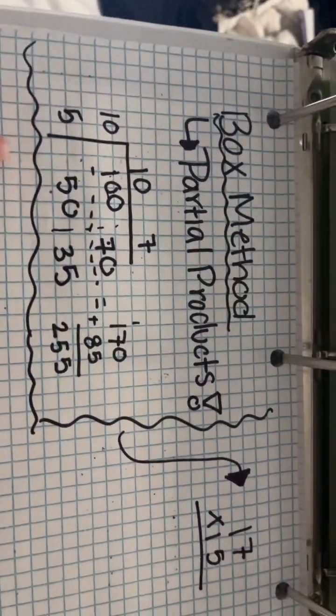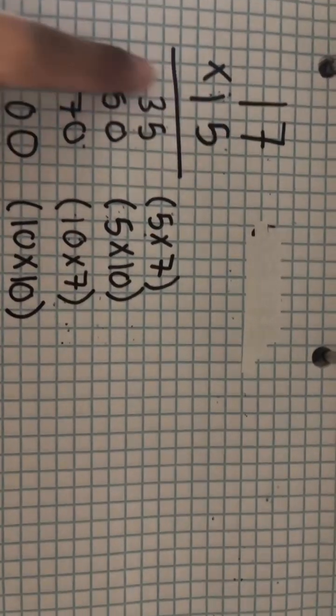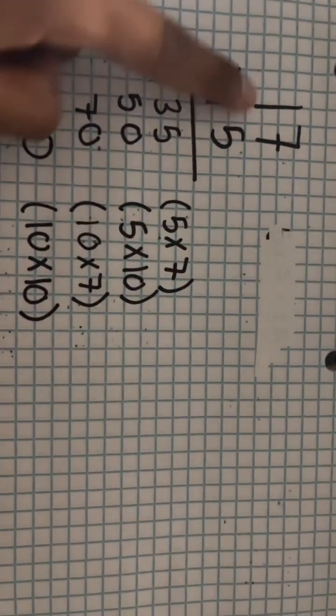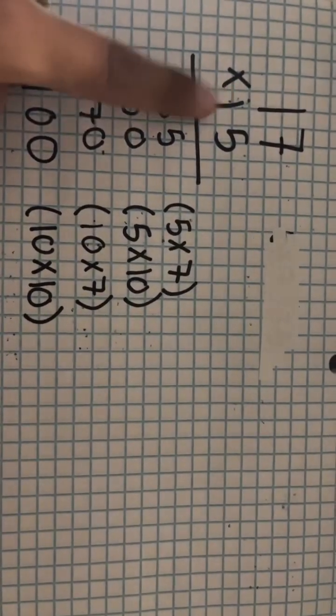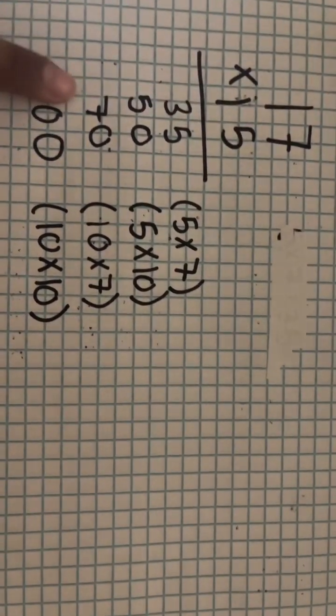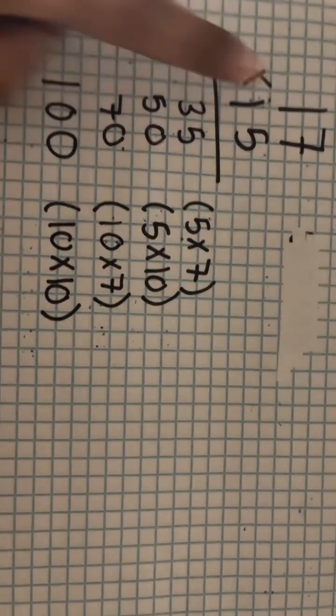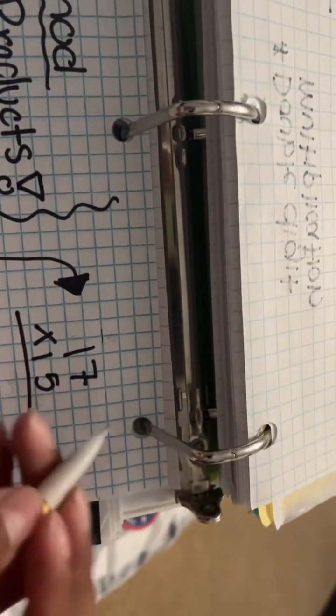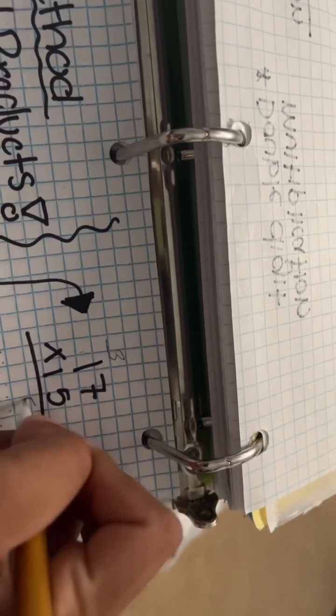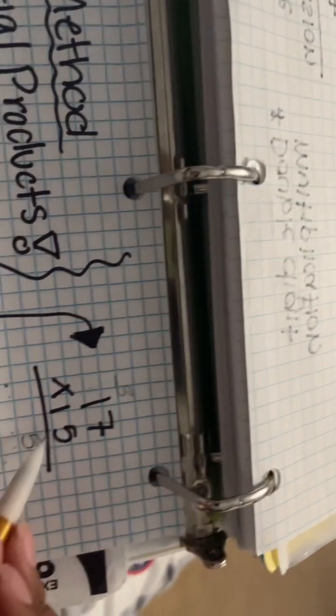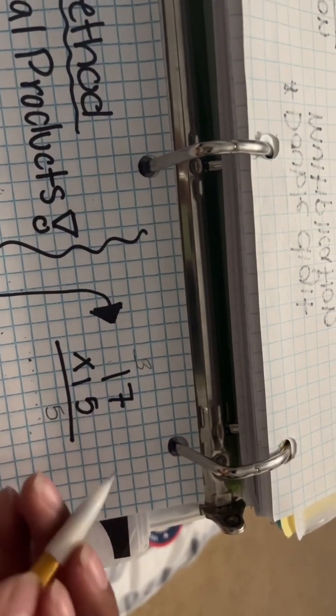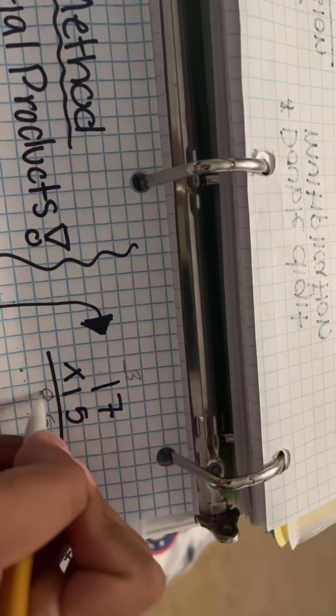Once the students understand this, we can move on to this algorithm. The 5 times 7 is 35, 5 times 10 is 50, 10 times 7 is 70, 10 times 10 is 100. We'll begin by doing 5 times 7 is 35. Carry the 3. 5 times 1 is 5 plus 3, 8.